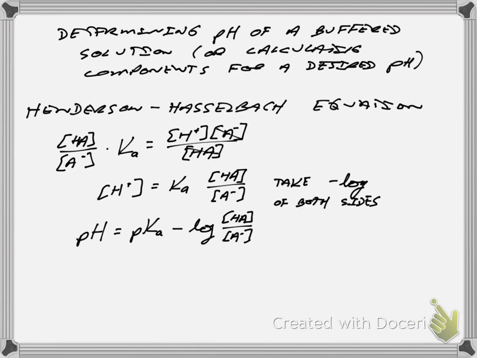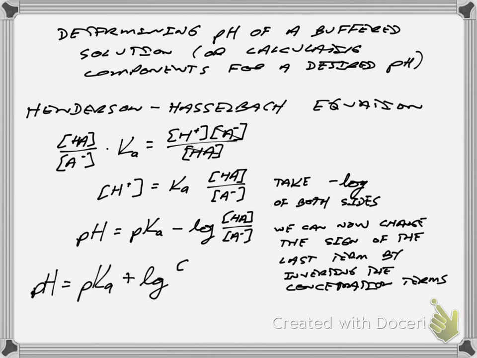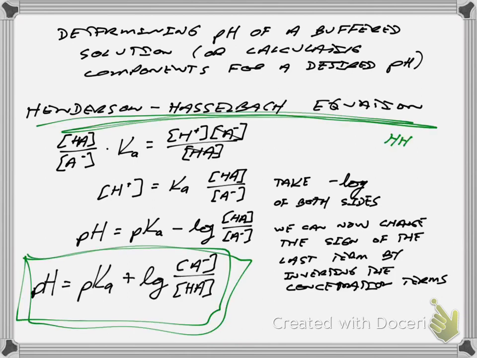Well, you may have to trust me on this if mathematically you don't see it, but I can change the sign in front of the log to positive if I reverse the roles of the HA and the A minus. And so rewriting those makes that a positive expression, and I get this thing again, which is called the Henderson-Hasselbalch equation, and it says that the pH is equal to the pKa plus the log of the ratio of the conjugate base over the weak acid.